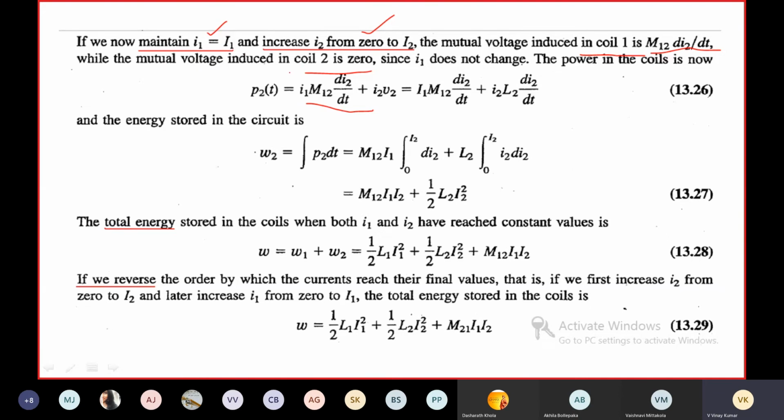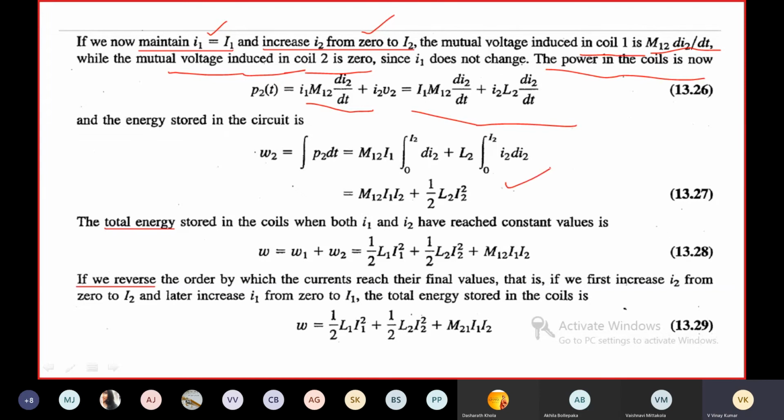The mutual induced EMF in coil 2 depends upon the current flowing through coil 1, so if I1 is not varying, it will be 0. Then the power in the coils is I1 M12 dI2 by dt plus I2 V2, which is equal to I1 M12 dI2 by dt plus I2 L2 dI2 by dt.